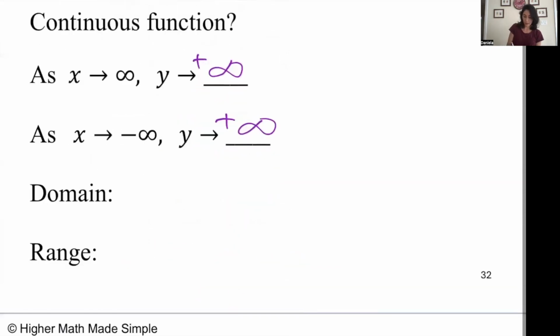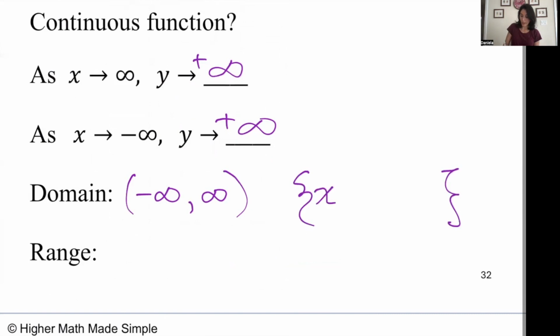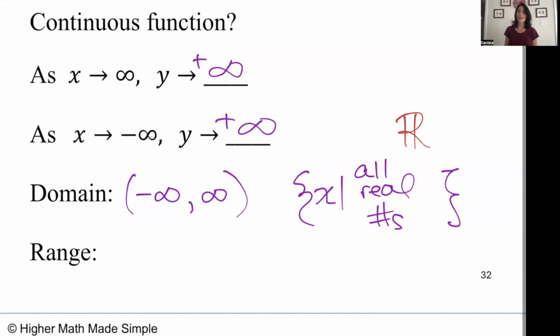So you can either write the domain in this notation between negative infinity and positive infinity, or the other way is the definition of a domain is the set of all x values such that, and you can write all real numbers. Now, depending on your teachers in the past, remember math is a language, you might have seen an R with a slash. That literally means all real numbers in math. So there's many ways that you can write it.